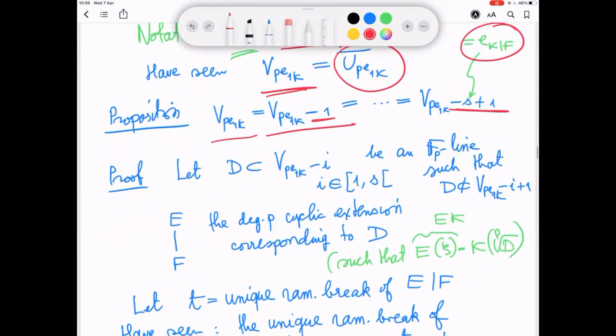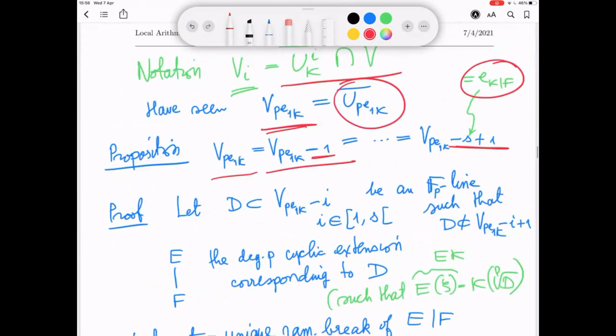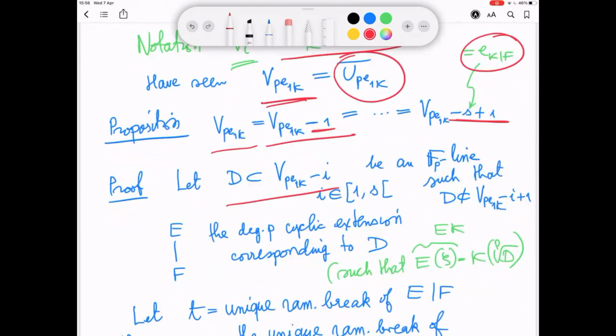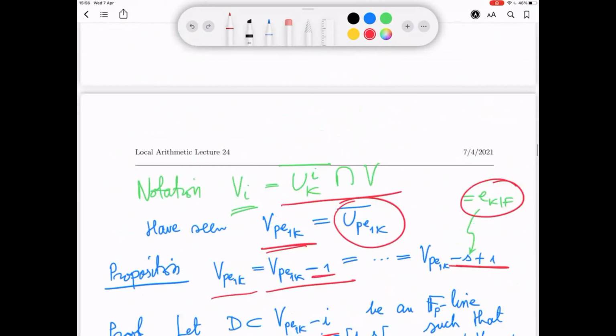Now, how does one prove such a thing? So I'll now use the fact that lines in this space V correspond to cyclic degree P extensions of F. So take a line here, which is in PE1K minus F. A priori what I have is V_{pe/(p-1)K} is contained in V_{pe/(p-1)K - 1}, which is contained in V_{pe/(p-1)K - 2}, and so on all the way up to V. Of course, it continues.